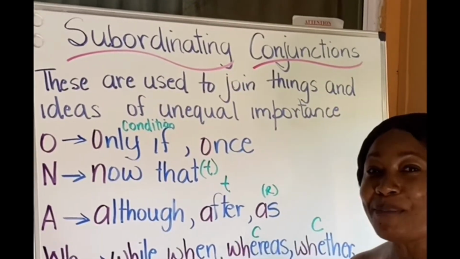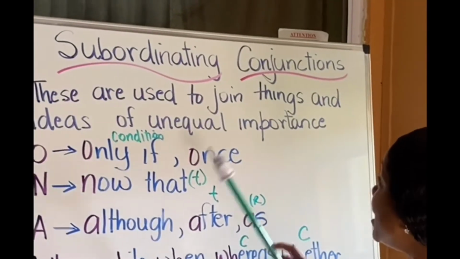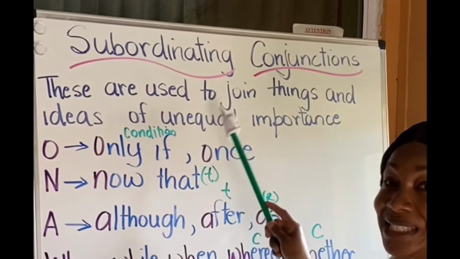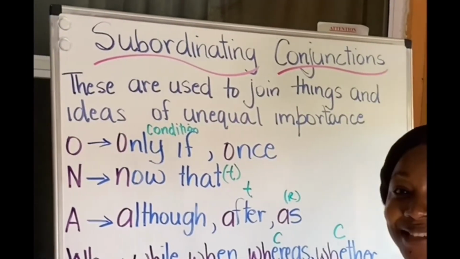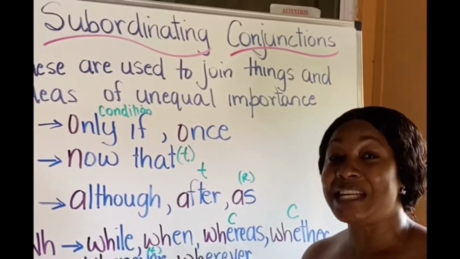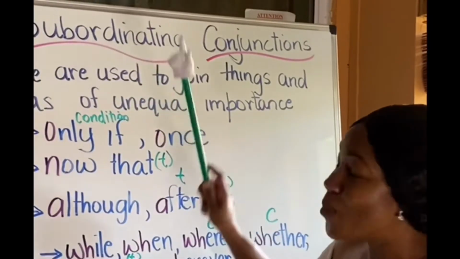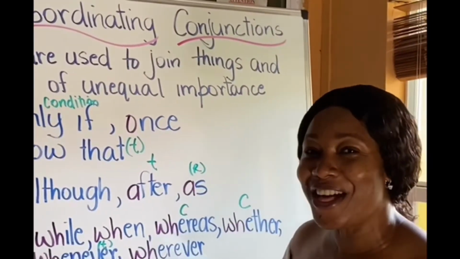Now, if you remember when we did coordinating conjunctions, we said they join things and ideas of equal importance, but this time it's unequal importance. So in the last lesson, we used the mnemonic FANBOYS to remember coordinating conjunctions. Today, we are using another mnemonic.